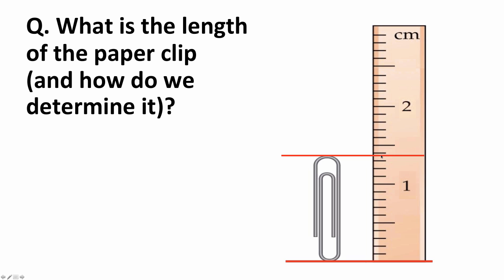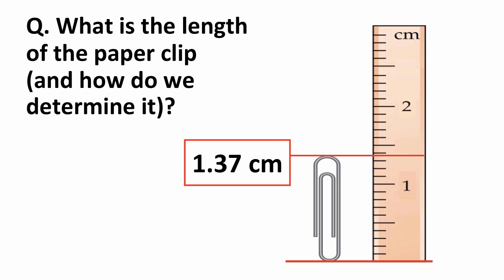And if you look at where the end of the paper clip is, you might say you're maybe, I would say, 7/10 of the way or so from the 0.3 to the 0.4. And so we might then estimate the length of the paper clip to be 1.37 centimeters. Now, of course, somebody else might say it's about 8/10 of the way or maybe 6/10 of the way.